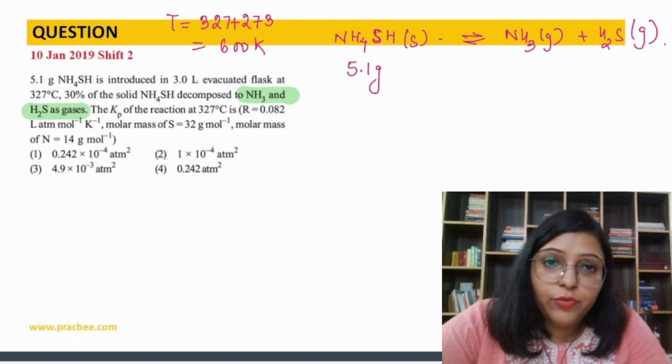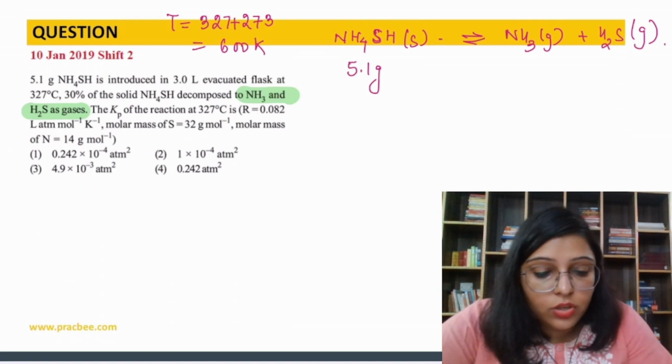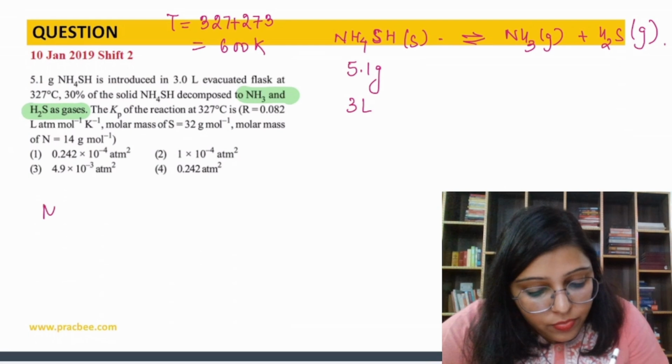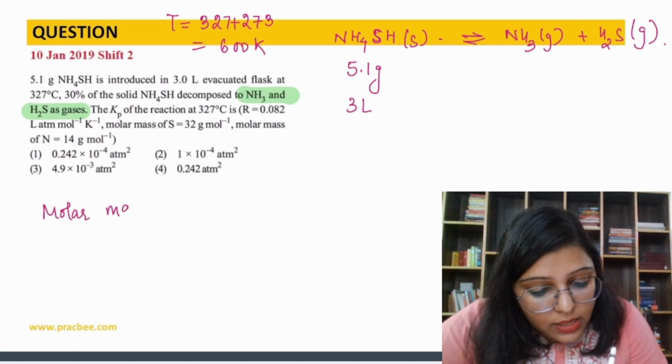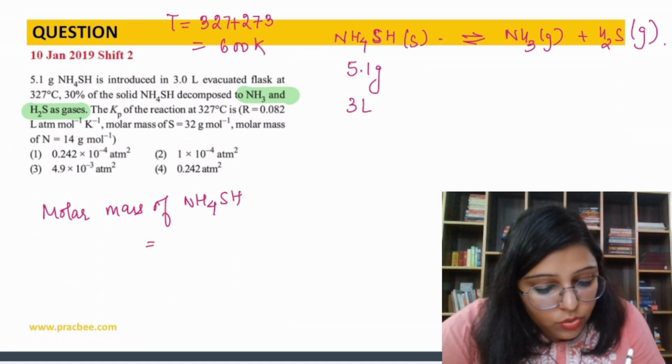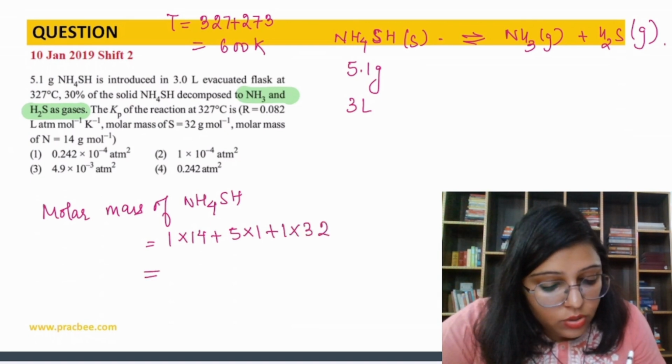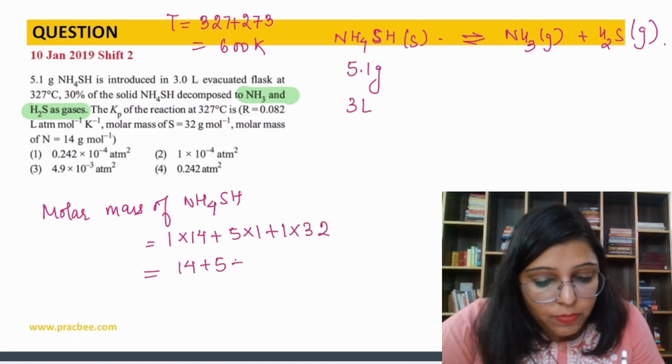Okay. So first we have to find out the moles of NH4SH. So the volume is 3 liter. So the molar mass of NH4SH is equal to nitrogen 14, hydrogen 5 into 1, and sulfur 1 into 32. So on solving we get 14 plus 5 plus 32.